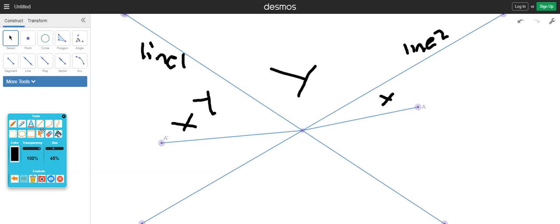Now I am going to put in the point A double prime, which is all the way, I've done all of this all the way over line 1. Now I need to take this all the way over line 2. So see, this is x, y, y, x. So the x covers it up. And I'm all the way here. And we're going to call this right here A double prime.